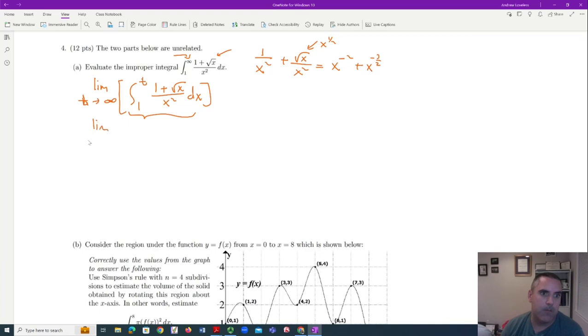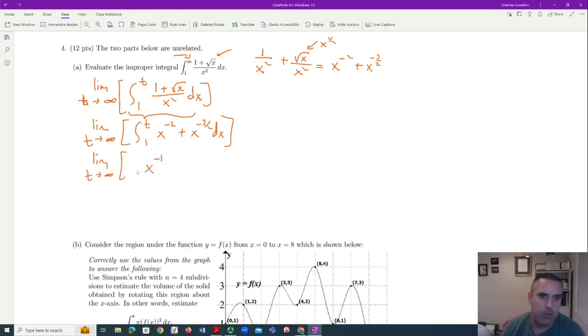This is the limit as t goes to infinity of the integral from 1 to t of x to the negative 2 plus x to the negative 3/2. So you don't need to substitute. I mean, you might have been tempted to do that, but you should always look to simplify if you can do it.